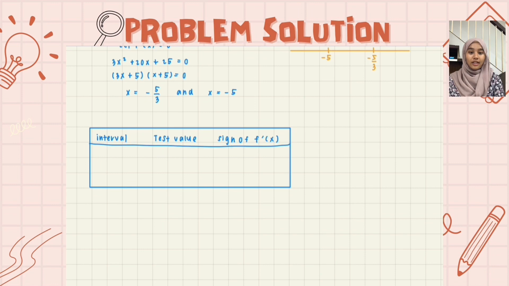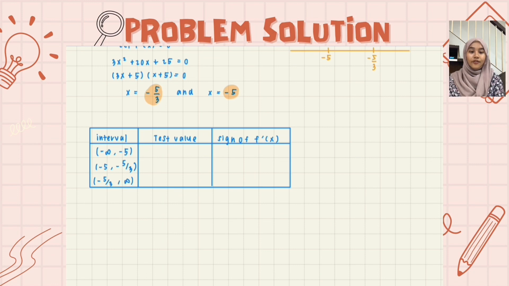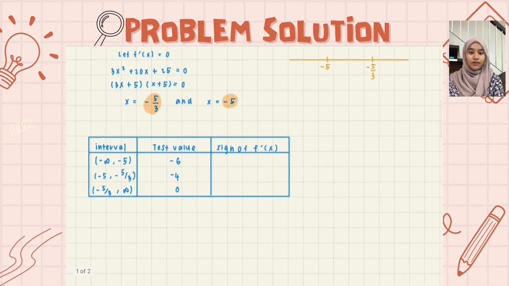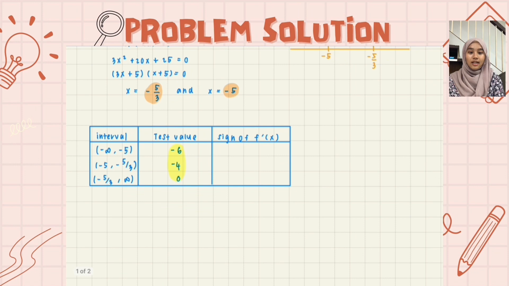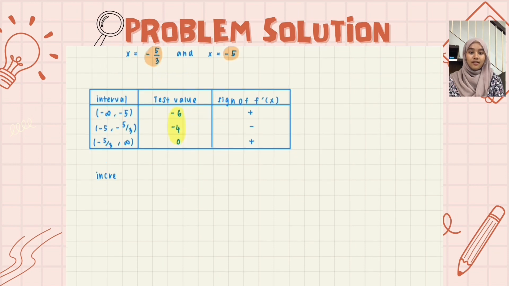Negative 5 and negative 5 over 3 are the critical values. Then between the intervals, we use negative 6, negative 4 and 0 for the test values. Next, we will get the sign of f prime x. We will get negative infinity to negative 5 union negative 5 over 3 to infinity as the increasing interval and negative 5 to negative 5 over 3 as decreasing.